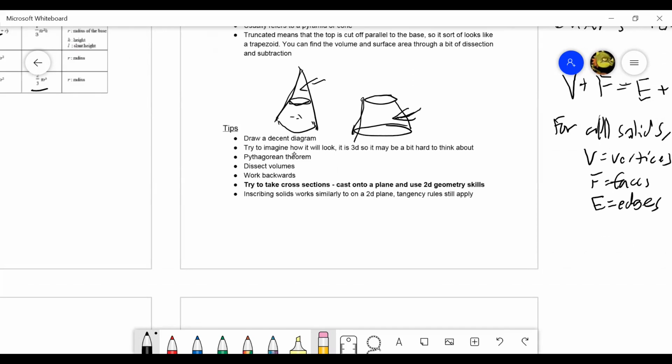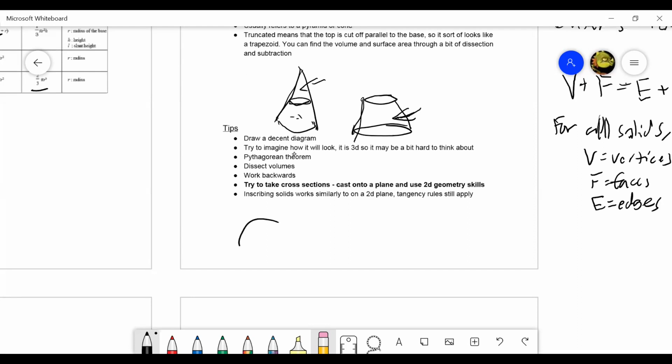Yeah. But I bolded this last one because I thought this was the most important one, and it's to take cross sections. A cross section is basically when you cast your 3D figure onto a 2D plane. So you take any plane and cut your 3D figure, and whatever intersection that plane has with that shape will just be on your 2D grid.